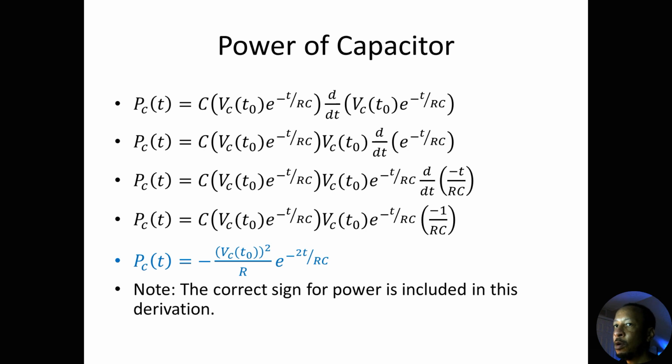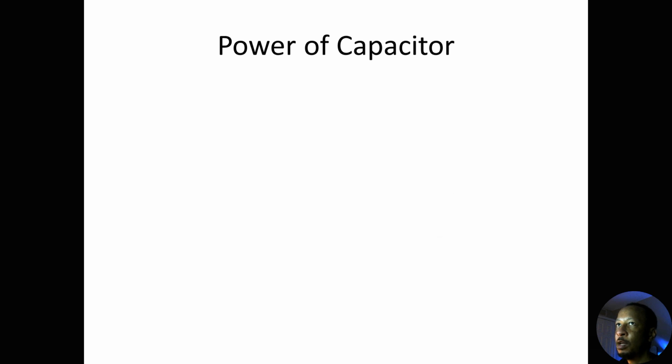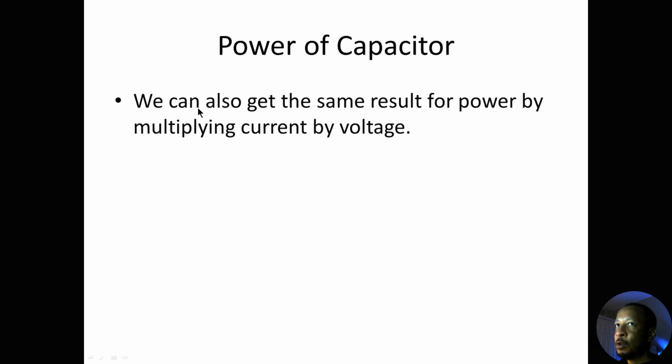So note, the correct sign for power is already included in this derivation, and that's according to the passive sign convention. For the power of the capacitor, we can also get the same result by multiplying current by voltage. So you can take that approach as well.